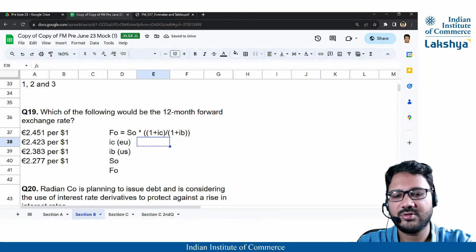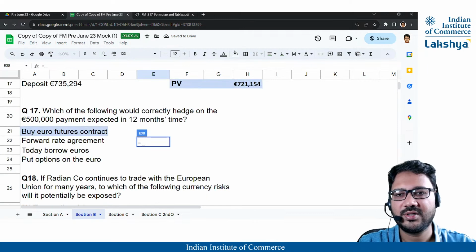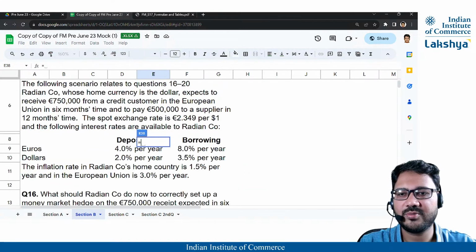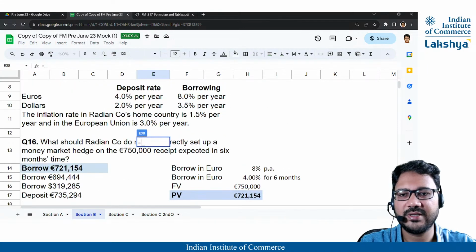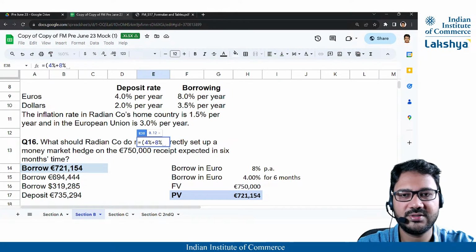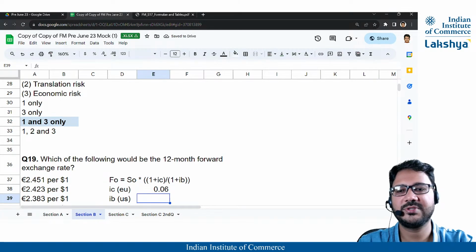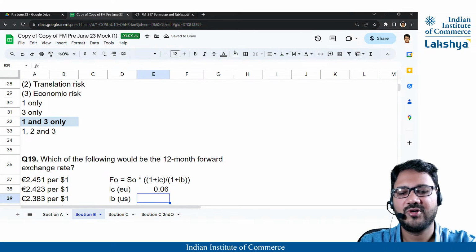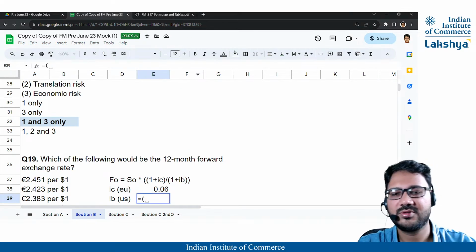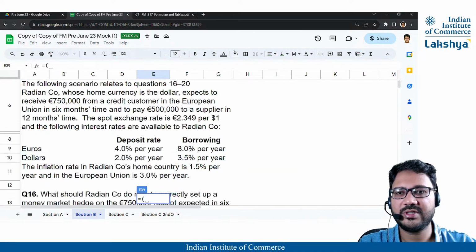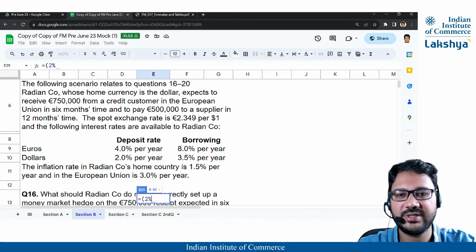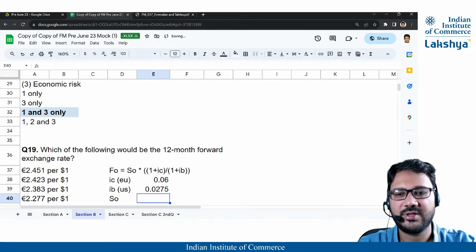All right, so what is this? Average interest rates in European Union is 4 and 8. So 4% plus 8%, everything divided by 2. So that's 6%. And in the US, it is 2% plus 3.5% divided by 2.